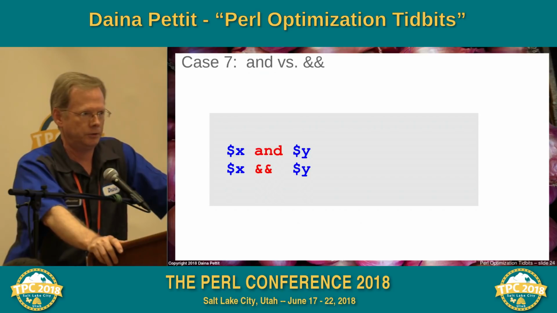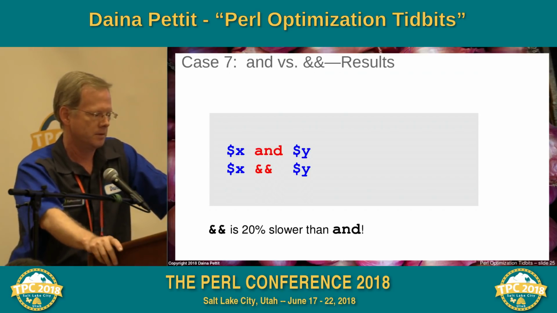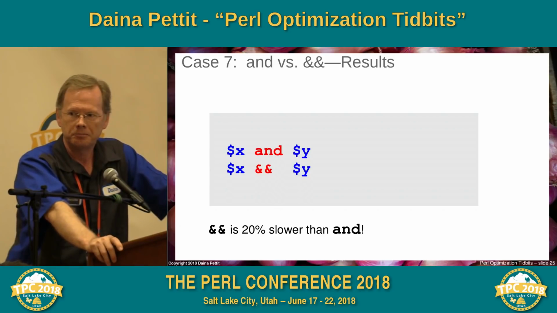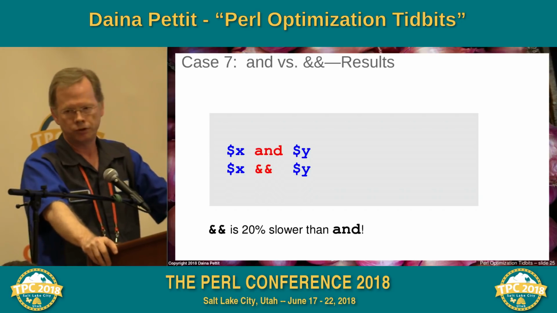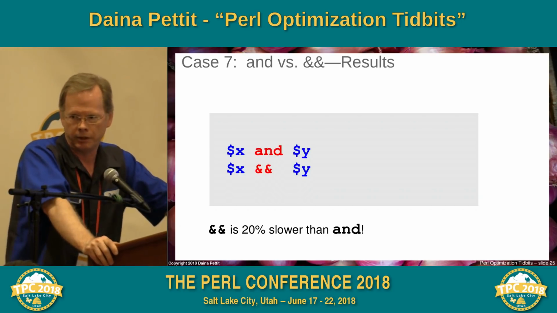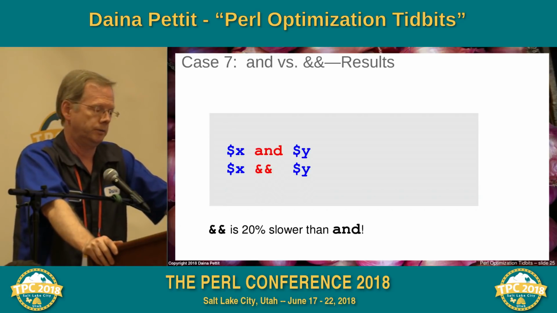Let's look at ands, the verbal and versus the symbolic and. 20% slower than the verbal and. There's a lot of cases where we use these logical ands where these are completely interchangeable. A lot of places, so there's some places where they are not, because of the precedence issue.